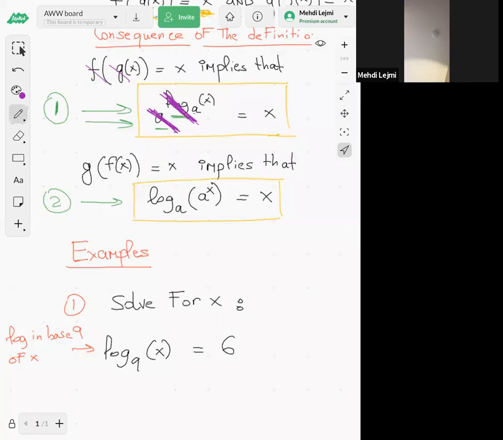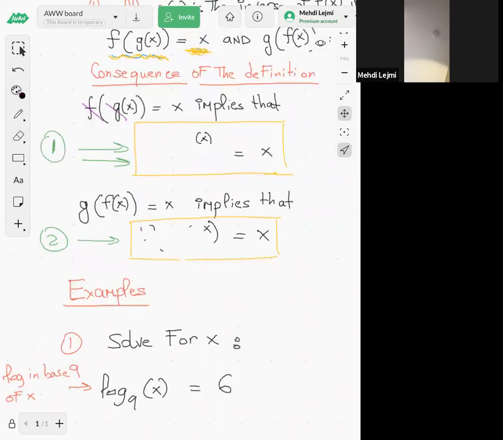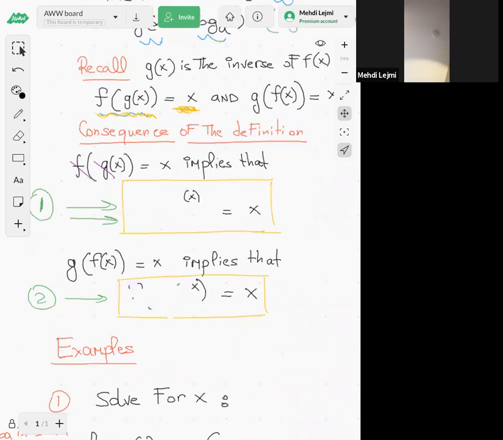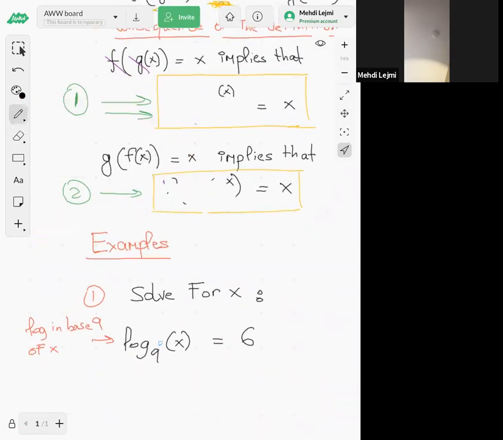And here it's the same thing. Here's your log, and this is your exponential in base a. So the log and the exponential in base a cancel out, and then you can get your x. I need these two identities, so I'm going to write them again here. The first one was a to the log in base a of x is equal to x.